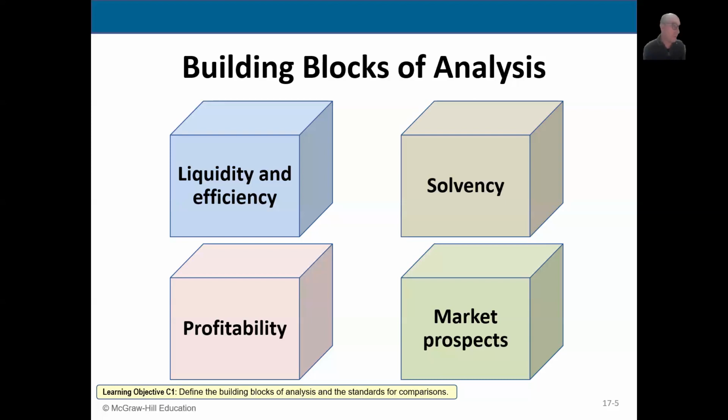Okay, I'll go. Solvent. Solvency. Solvency is the ability to generate future revenues and meet long-term obligations. That's cute. That's the textbook definition. Here's what it really means. Solvent means the business can pay all of its debt.